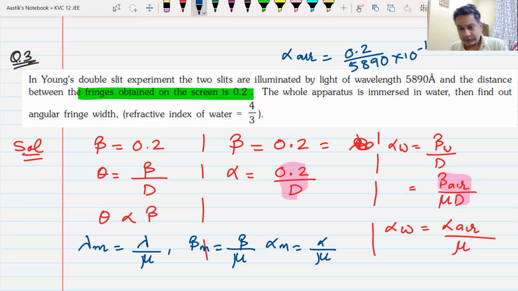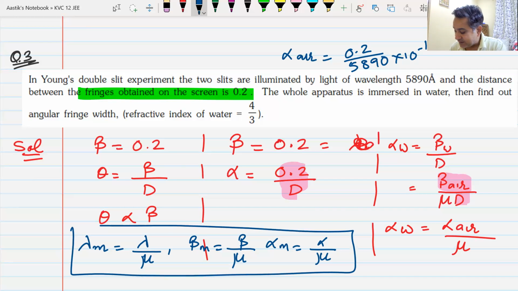Yes, sir. Everyone? Okay, so basically you have to remember these three relations. That is the summary of this entire exercise. I'll give you 2 minutes to note this down.